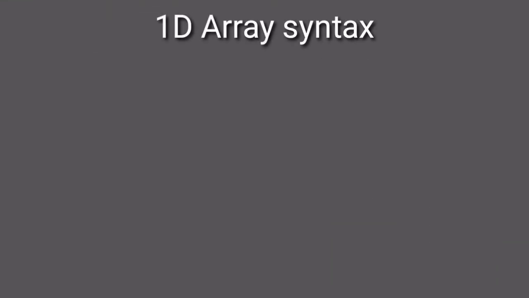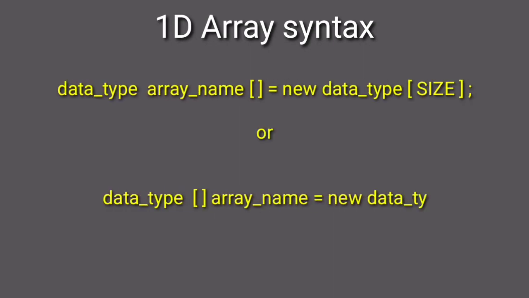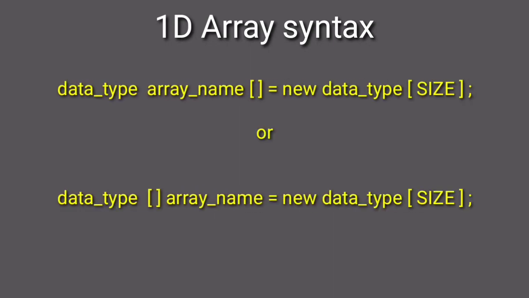Now here we have the 1D array syntax. Syntax means how to write or declare a 1D array in Java. Firstly, you have to specify the data type. Then you specify the array name, which can be any valid name.